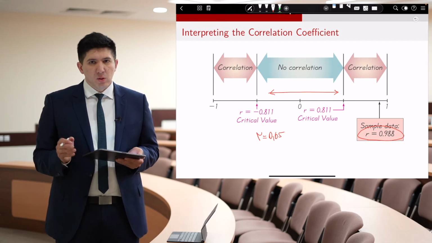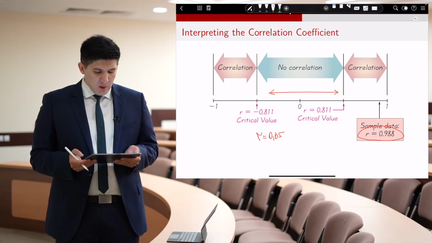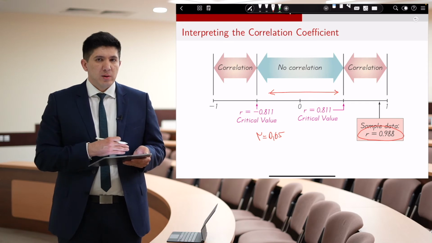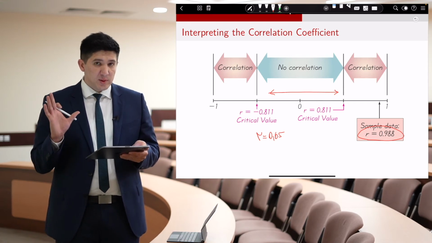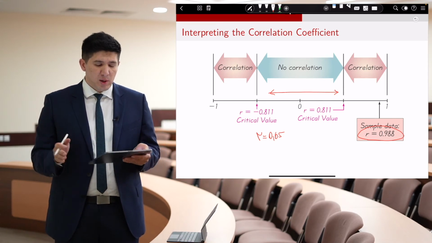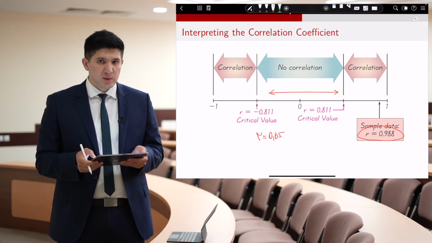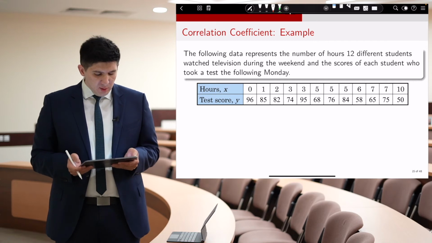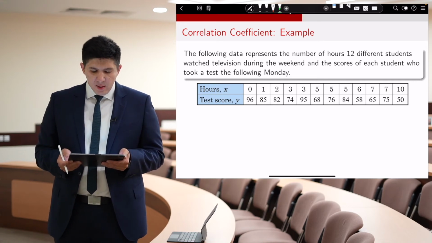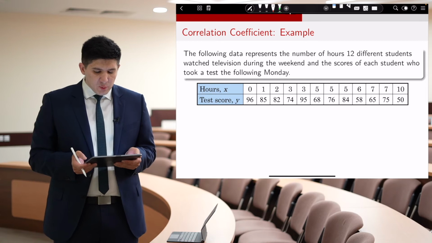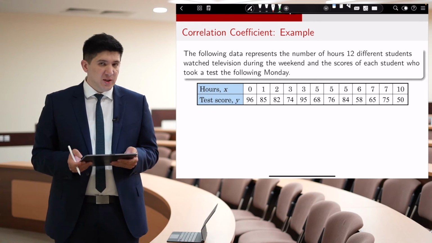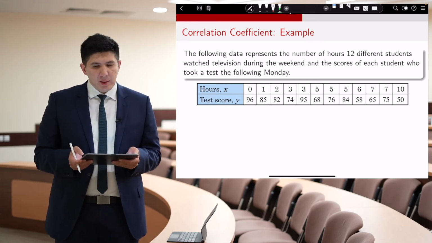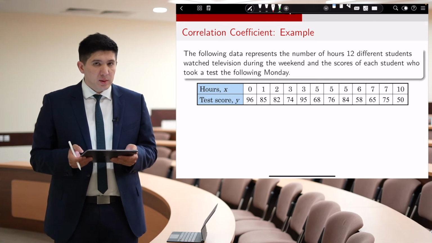Well, that's the correlation coefficient, and we've calculated this for our example with the price of bread and price of fares for the buses. Let's do one more example. The following data represents the number of hours 12 different students watched TV during the weekend and their scores on the test on Monday.